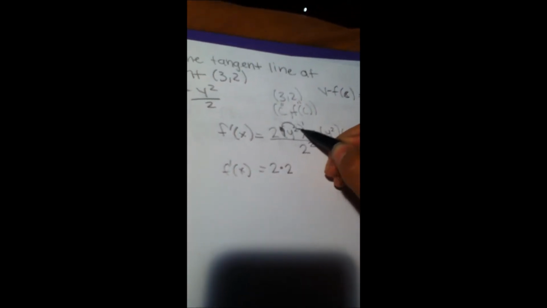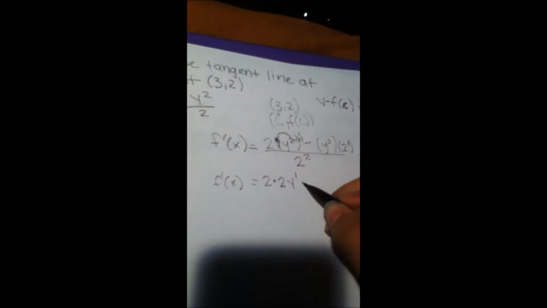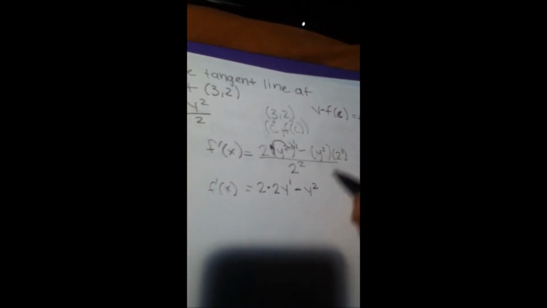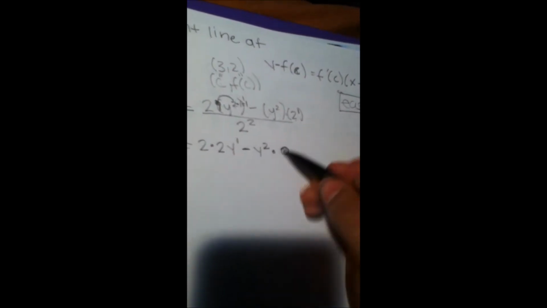The exponent is 1, minus 1 equals 0, leaving a y like that. Minus y2 times the derivative of 2, the derivative of 2 is 0. Therefore, this all becomes 0.